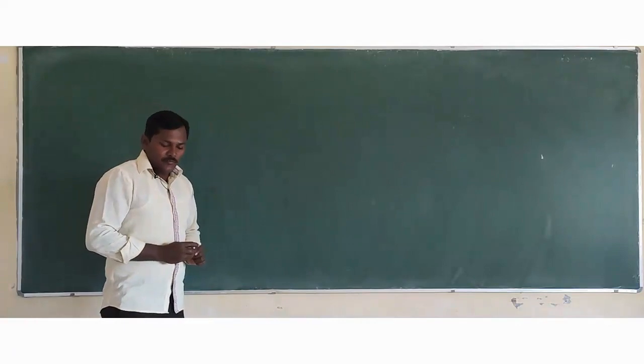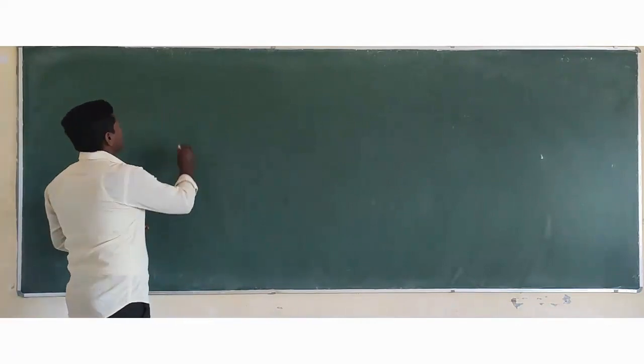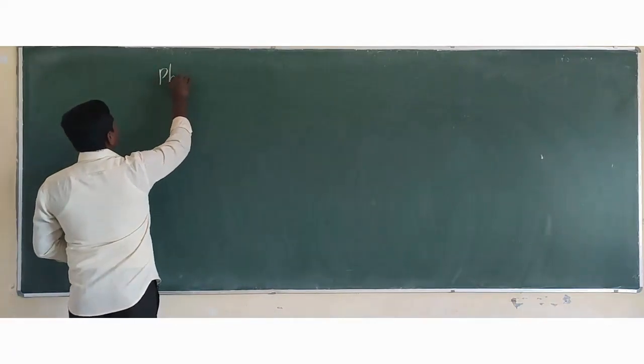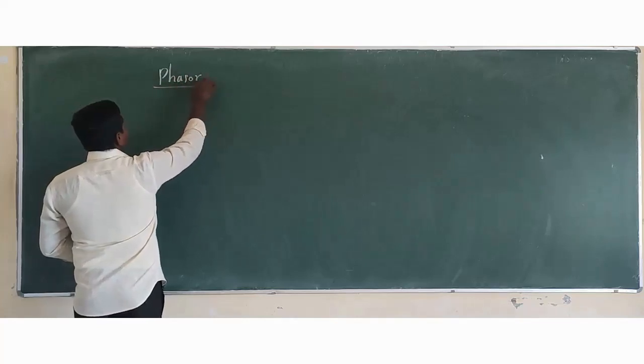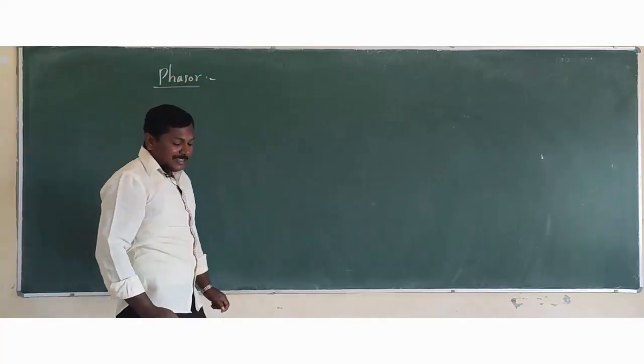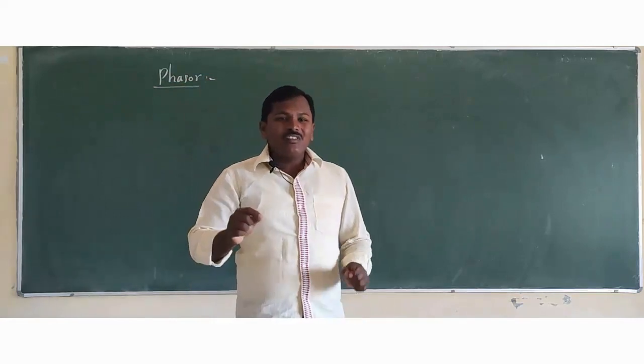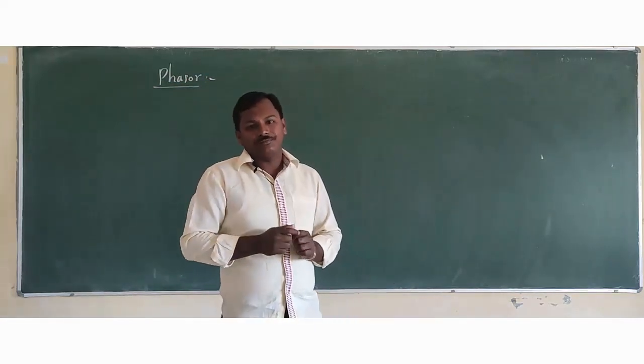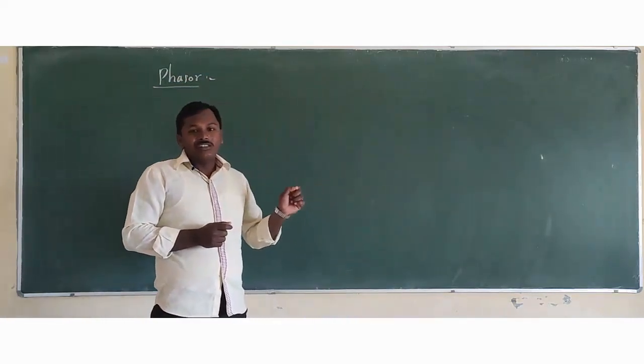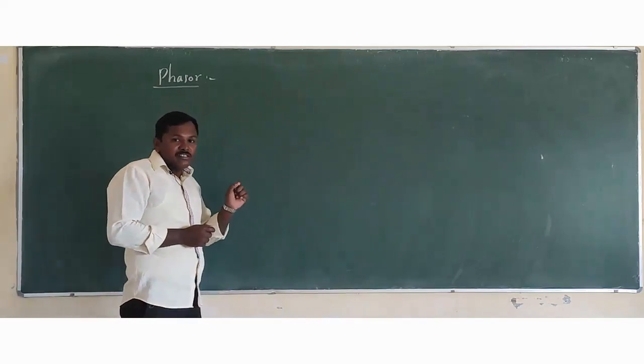So today we are going to discuss the concept of phasors. A phasor is nothing but a vector rotating in an anti-clockwise direction about its origin with an angular velocity.